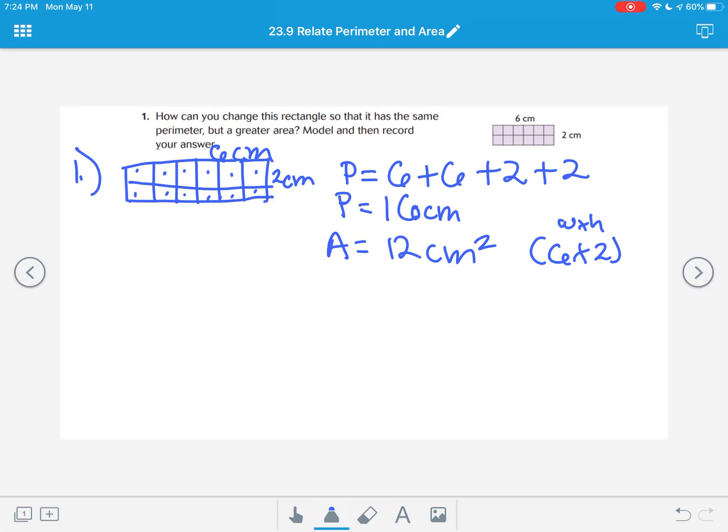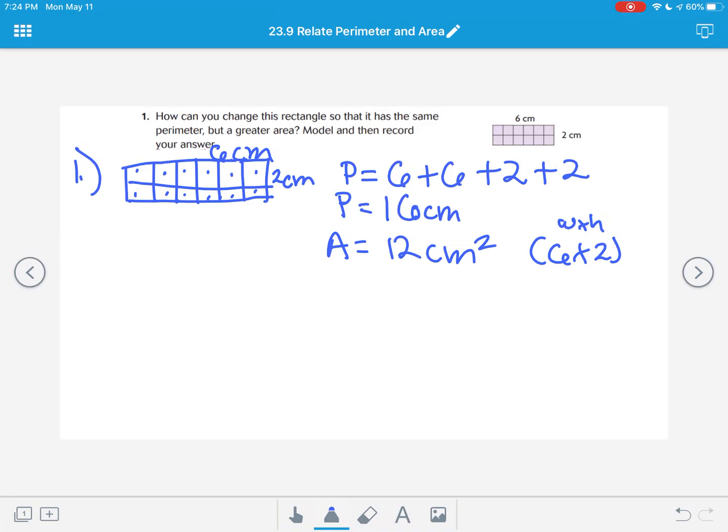So we need to build a larger rectangle that has the same perimeter but a bigger area. So let's take a look. If we build out a rectangle that is longer and thinner, let's see if that will help us have a larger area.